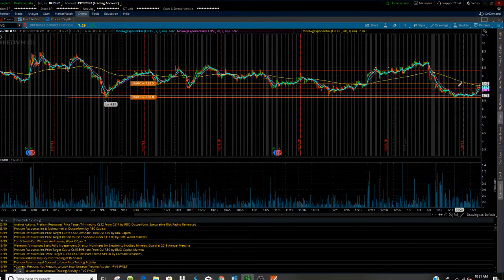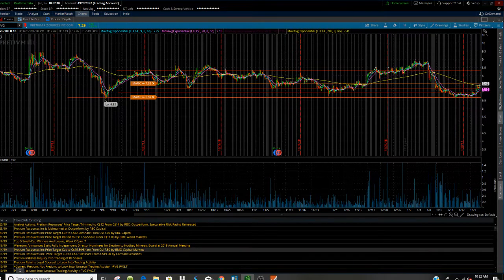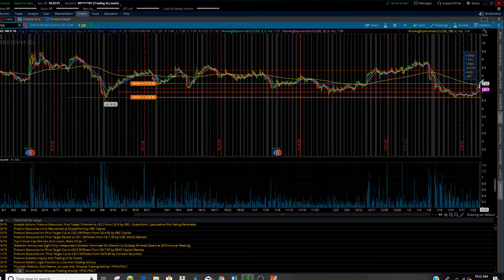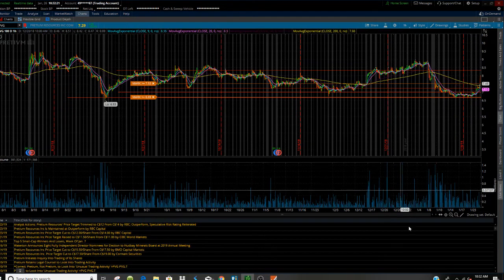So I think we do have some room to push up, and our profit target should be roughly 7.75. We could possibly get a push all the way back up to $8. Maybe not in a single day, but in a week span, and that would be, let's see, up to $8, a 6% trade.